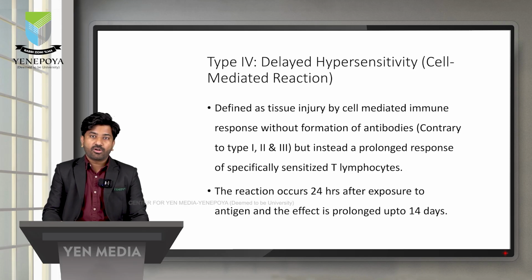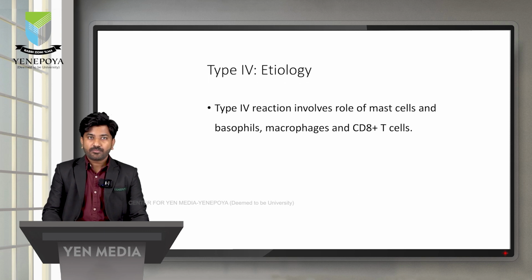Here the cell involved is a sensitized T lymphocyte. The reaction takes about 24 hours after the exposure to the antigen and can persist up to 14 days in the individual. The etiology is that type 4 reactions involve mast cells, basophils, macrophages and CD8 plus T cells.